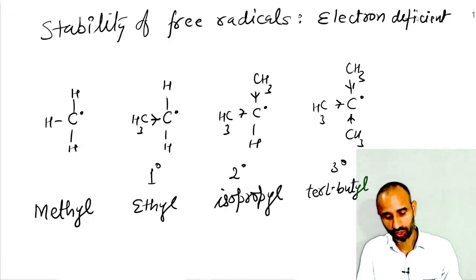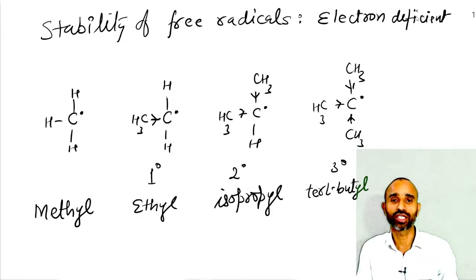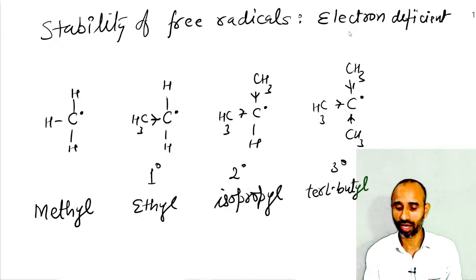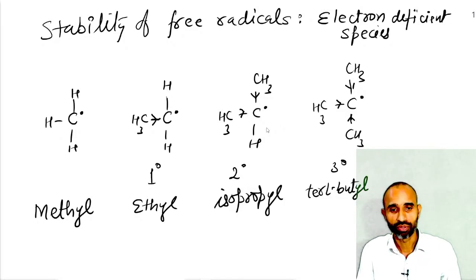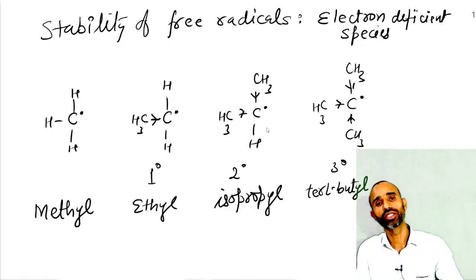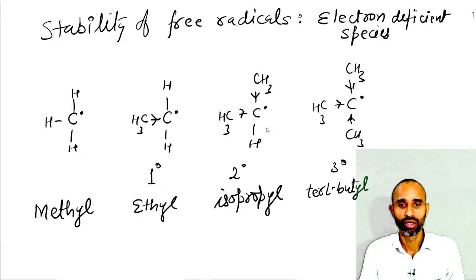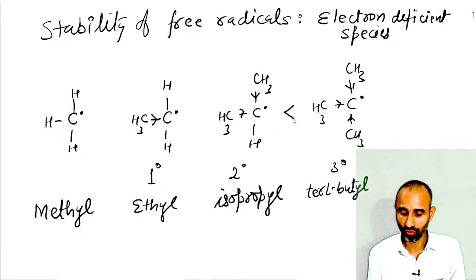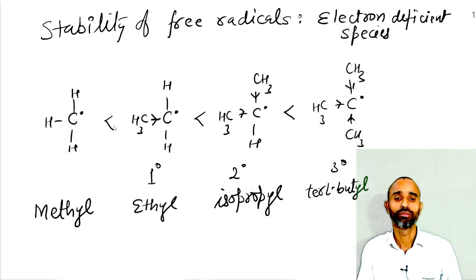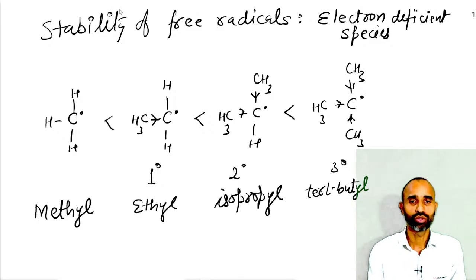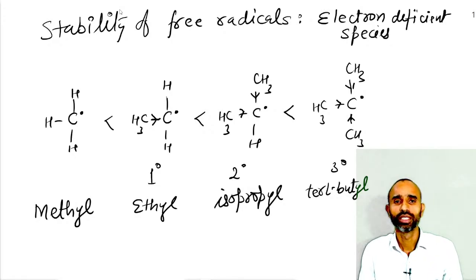So see, in this case carbon has 7 electrons, so it is deficient of 1 electron, so it behaves just like a carbocation. So any group which will increase electron density on the free radical carbon will increase its stability. So in this way tertiary butyl free radical is most stable, then isopropyl, ethyl and methyl. So this is the order of stability of free radicals. So these are a few applications of inductive effect.